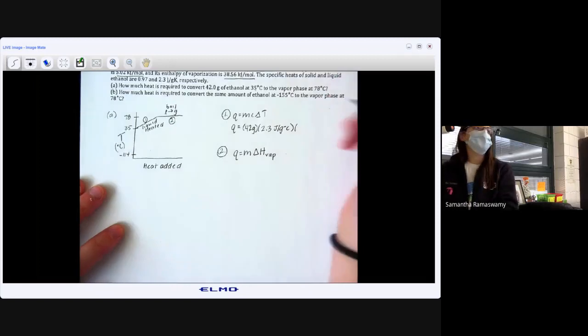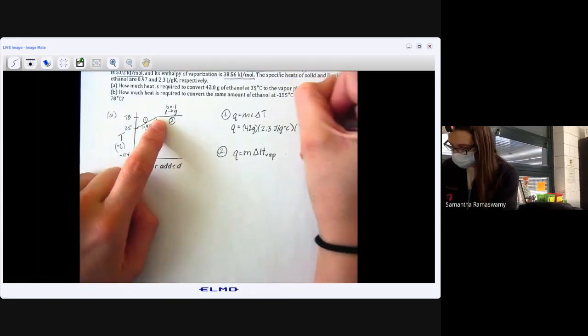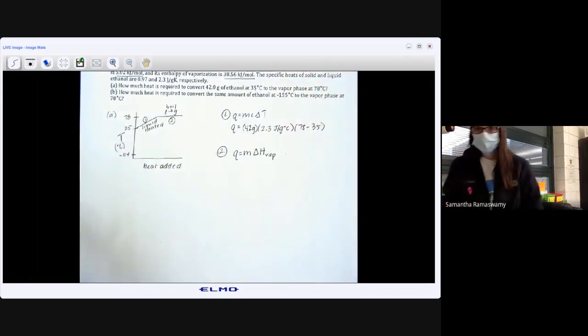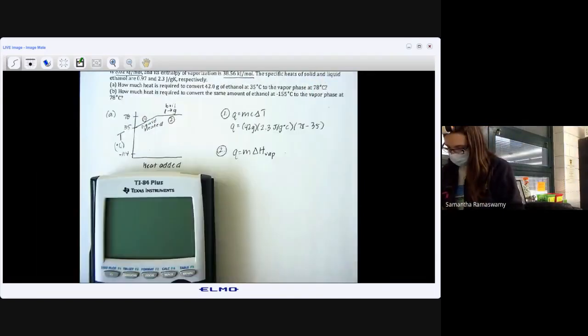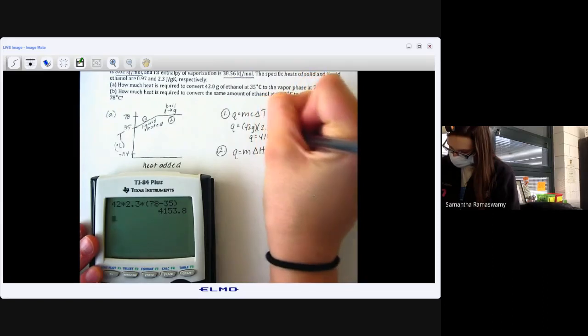So quick review, how do I calculate delta T? What minus what? Final minus initial. So my final is 78 degrees. My initial is 35 degrees. So 42 times 2.3 times 78 minus 35, 4153.8.